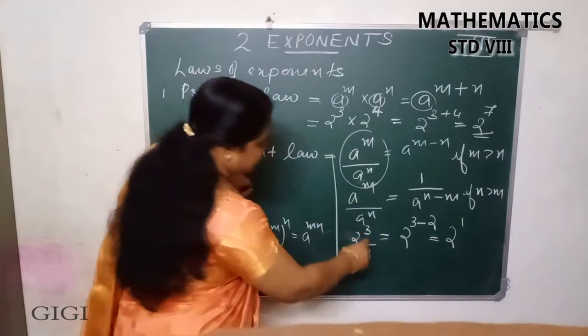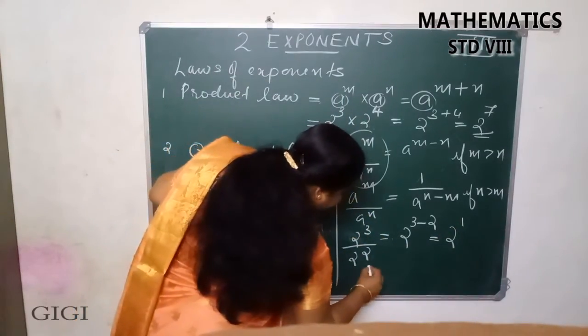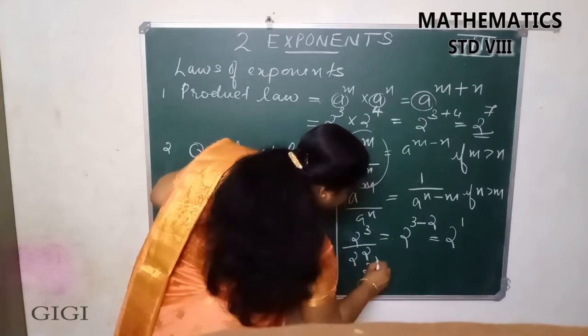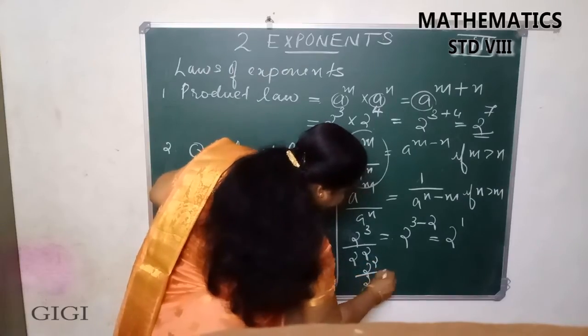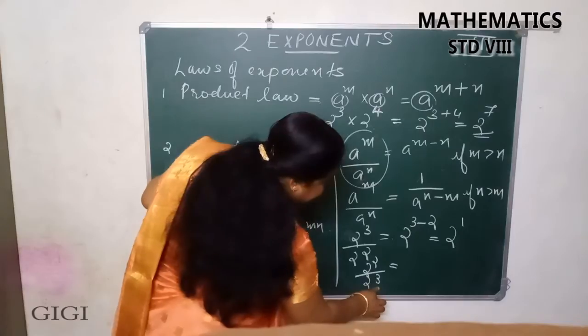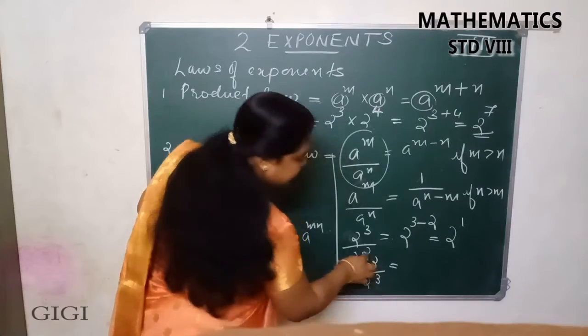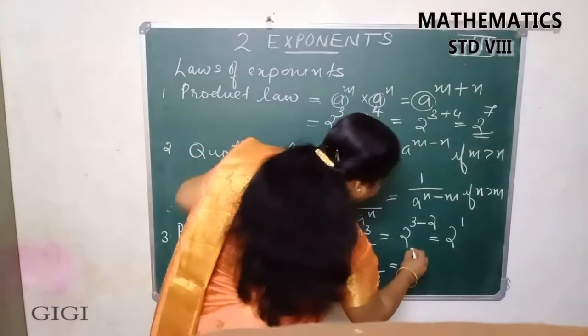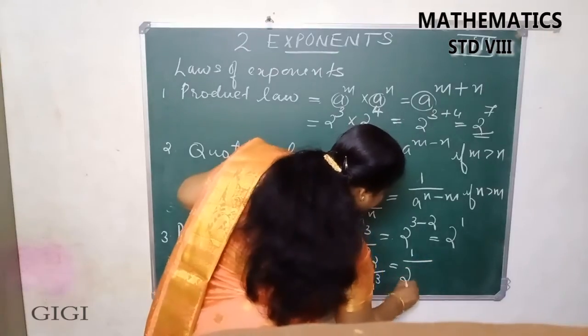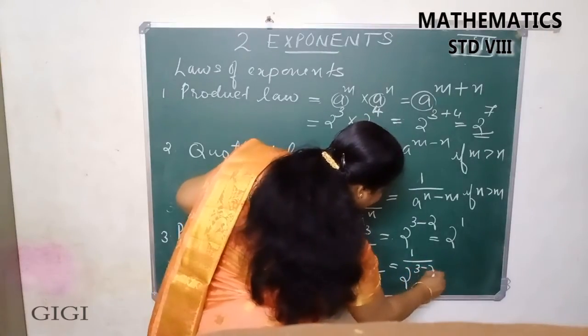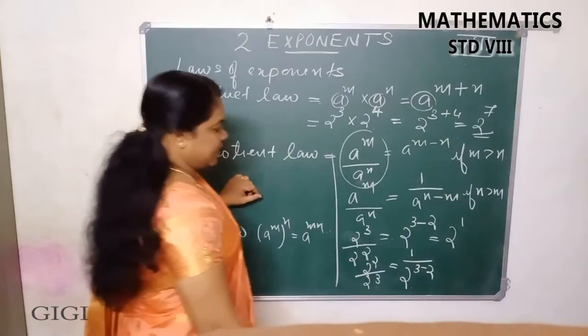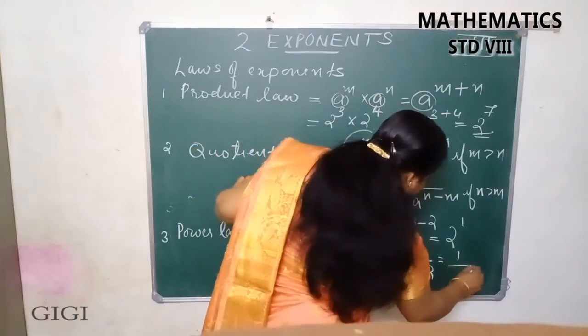And for this one, 2 raised to 2 by 2 raised to 3, here n is greater than m, so we can write it as 1 by 2 raised to 3 minus 2, that is equal to 1 by 2 raised to 1.